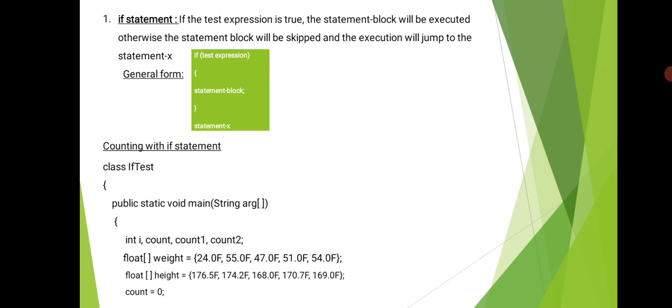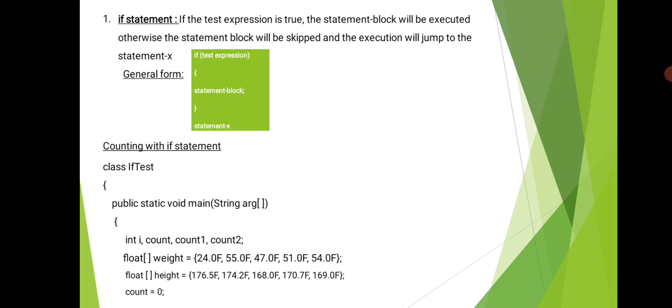The weight array has five elements: 24.0, 55.0, 47.0, 51.0 and 54.0. The height array has 176.5, 174.2, 168.0, 170.7 and 169.0. These are floating values, so we represent them using f.